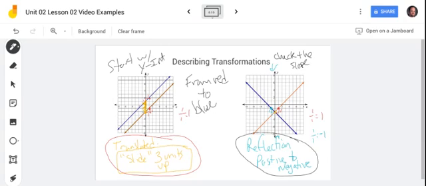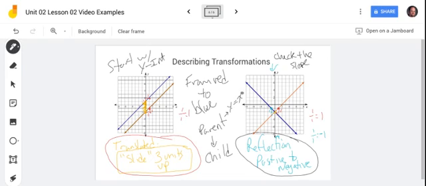Now there's a key word to make note of, and we'll talk about it more in the future. Your first line is what's known as a parent graph, and the second line that it changed into is a child graph. All lines have that y equals x as their original parent graph.